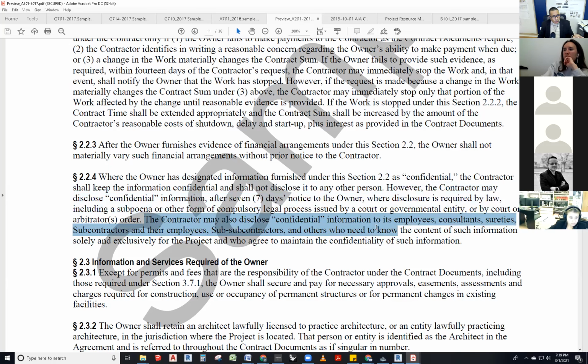The contractor may disclose confidential information to his employees, consultants, sureties, contractors, subcontractors, and their employees, or others who need to know the content of such information solely and exclusively for the project and who agree to maintain the confidentiality of such information. That being said, I'm going to leave these in here because there's a lot of mouthfuls in here on the A201.